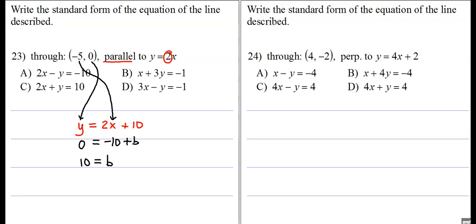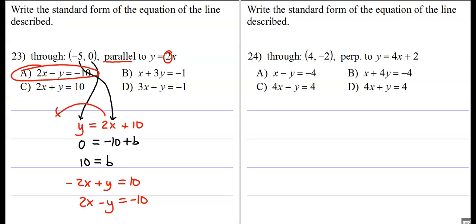Okay? And now this is slope-intercept. Again, to make it standard, I need to move the x to the other side. It's kind of seeming like old hat by now. And multiply by a -1. And we're looking at something like that, which is going to be A.